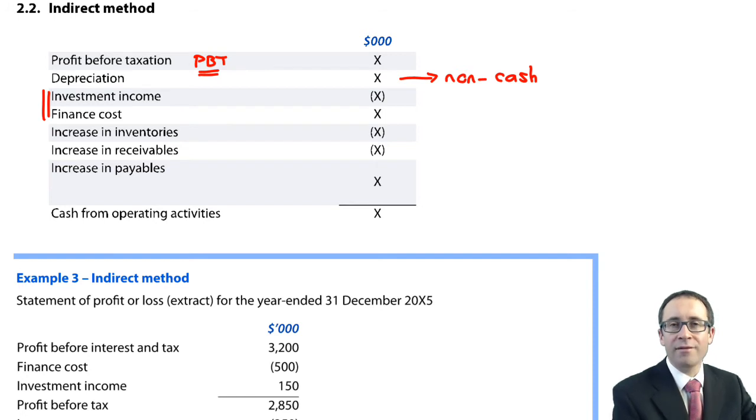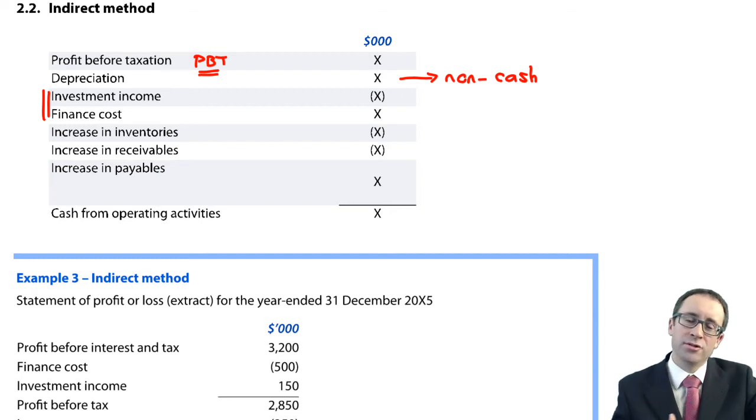Okay, you then have the challenging bit, which hopefully you can remember from the days of your certificate exam. You need to adjust for all the working capital balances, any accruals or any prepayment balances that there may be within your current assets and current liabilities. So here we're just going to focus on inventory, receivables and payables. I'm not worried about accruals, prepayments or any other balances that there may be.